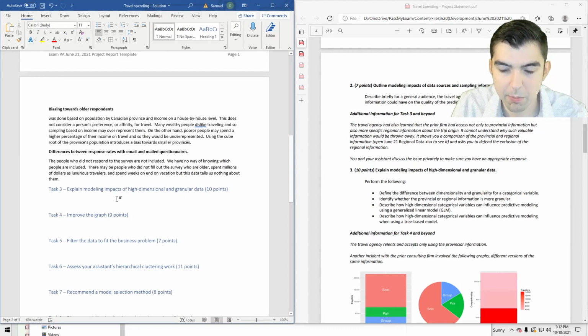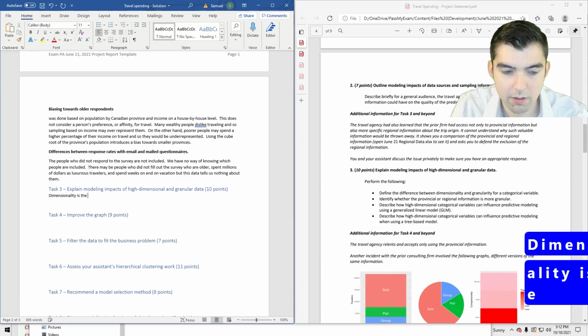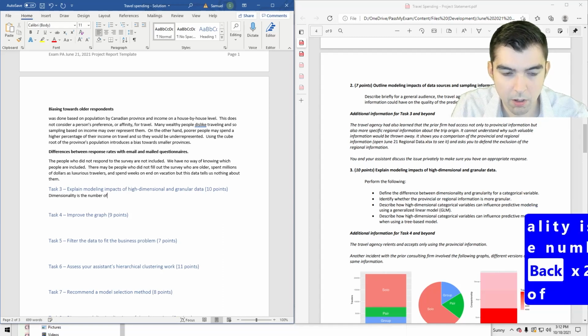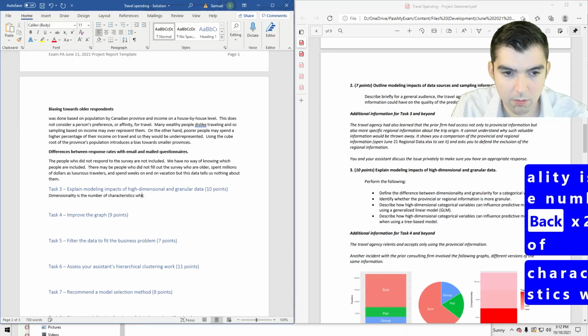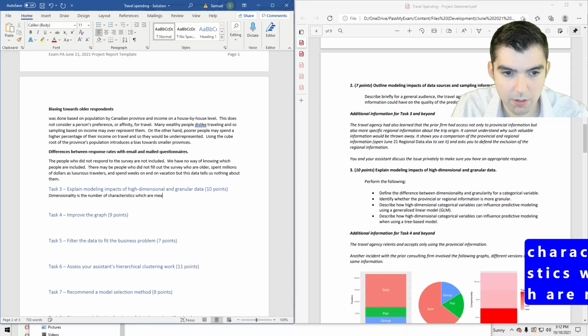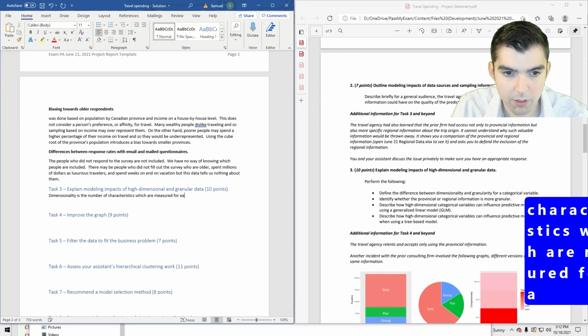Define the difference between dimensionality and granularity. Dimensionality is the number of characteristics which are measured for each observation.